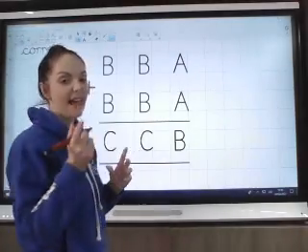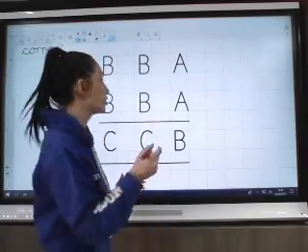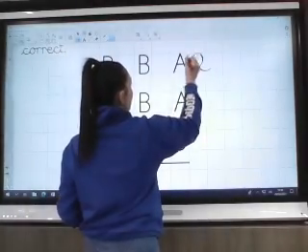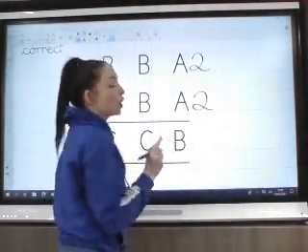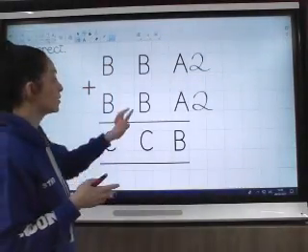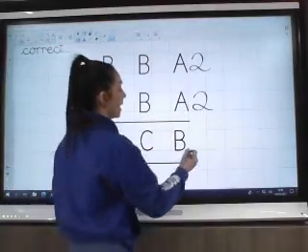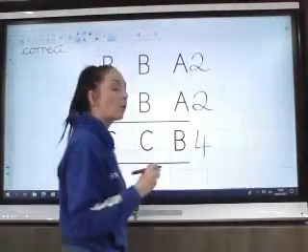I'm going to say that A is 2, and I'm going to start this side because that's the side that we start when we're doing column addition. So I'm going to say that A is 2 for now. It might not be, but that's what I'm going to try first. 2 add 2 then is 4. So that would mean that B is 4.